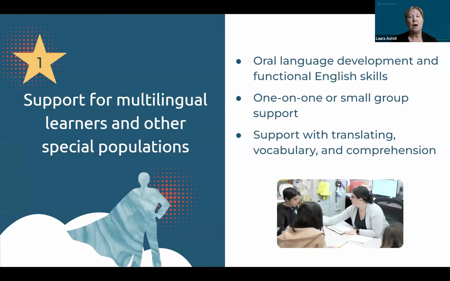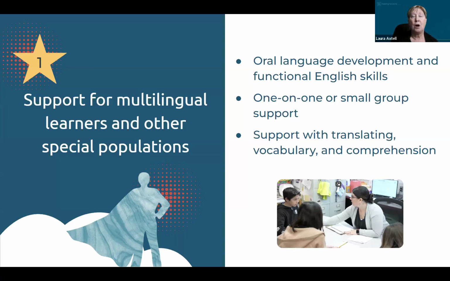So we're going to jump into our first way to maximize paraprofessionals and volunteers, et cetera. So one is to support multilingual learners and other special populations. So many districts across the country are seeing an increase in the number of students who are learning English, and there's a lot of diversity in that population.